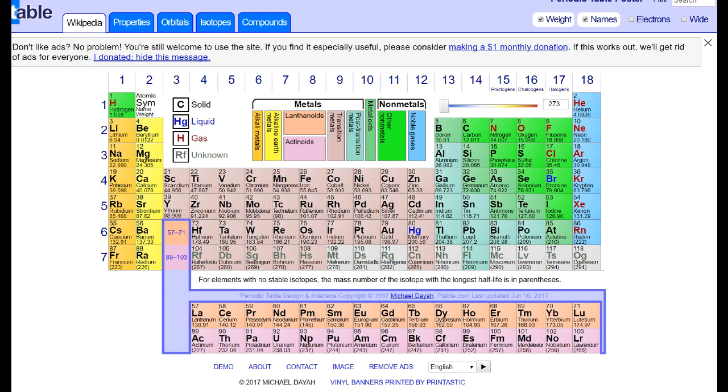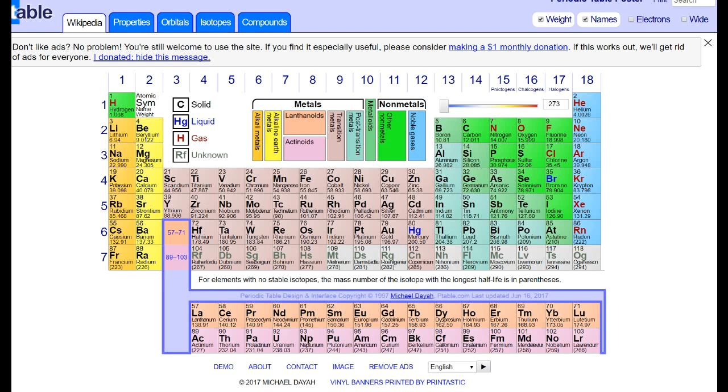The reason we don't really need to worry beyond the 7th row is because after uranium, all of the elements are man-made. Highly radioactive, highly toxic. Most of them only exist for a tiny fraction of a second. We won't be dealing with most of those. We won't be dealing with the F block really in general, because things there get kind of messy.